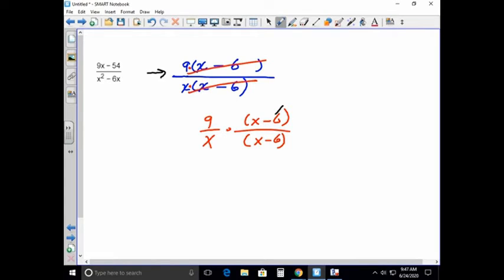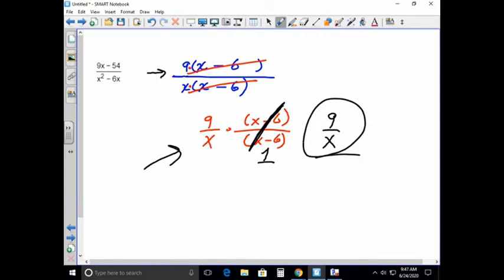X minus 6 over x minus 6 equals 1. Anything times 1 is itself. Again, I'm not going to make you show this step. I just did that to illustrate that if it's a factor, yes, we can cancel that out from top to bottom.